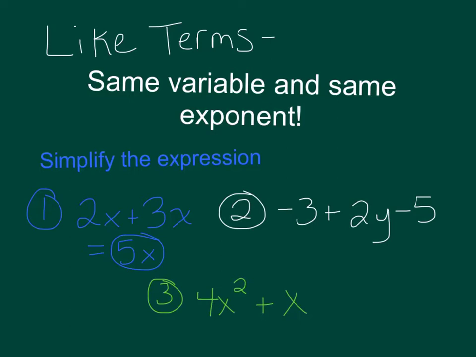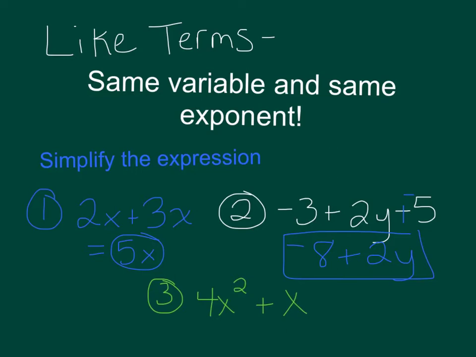Okay, so the first thing we might want to do to combine those is actually change this to plus a negative 5. Okay, so your 2 pencil strokes is what I've heard a lot of you say. So now we can combine negative 3 plus a negative 5 to give us negative 8. And then the 2y does not get combined with anything, so we just say negative 8 plus 2y.